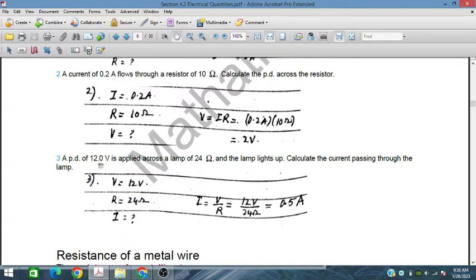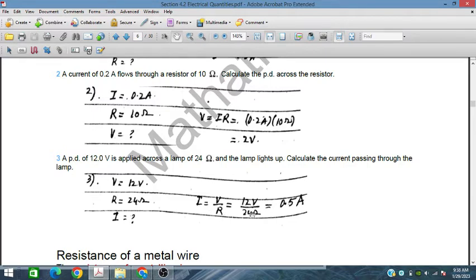A potential difference of 12 volt is applied across a lamp of 24 ohms and the lamp lights up. So the lamp glows. 12 volt is applied across 24 ohms. Calculate the current passing through the lamp. So voltage is given and resistance is 24 ohms and I has to be found.